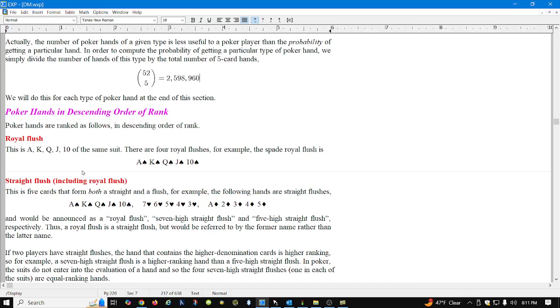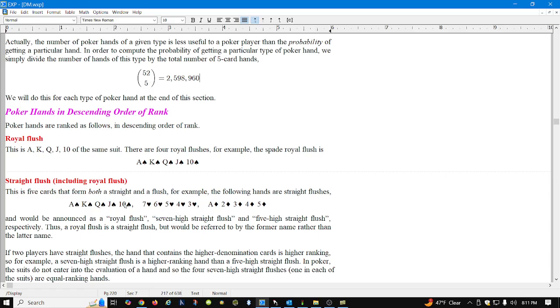Straight flush. This is 5 cards that form both a straight, so they're consecutive denominations, and a flush, same suit. A royal flush fits that property, but so do hands like this. 7, 6, 5, 4, 3 of hearts. Ace, 2, 3, 4, 5 of diamonds. Those are straight flushes.